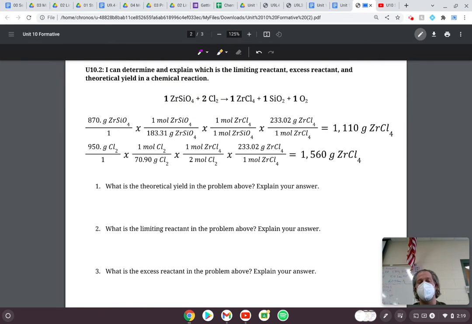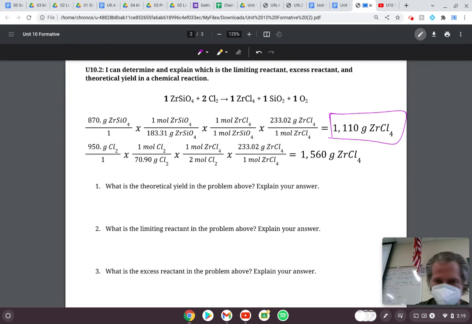So first thing you have to do is identify the theoretical yield and explain. So the theoretical yield is this value here. It's the smaller answer to the math problem. So in this one, it is 1,110 grams of zirconium chloride.